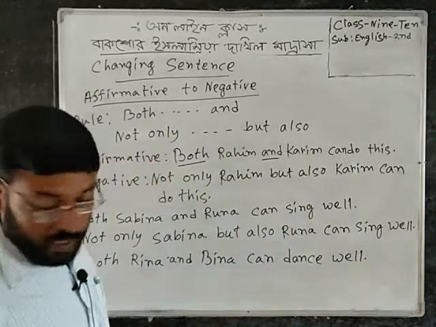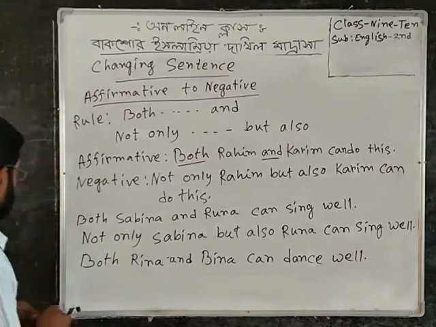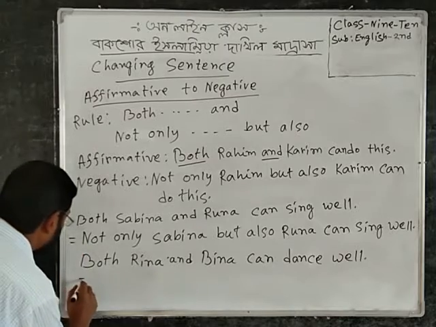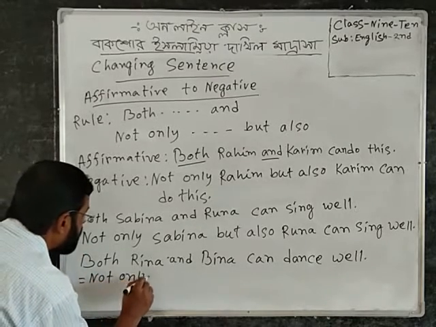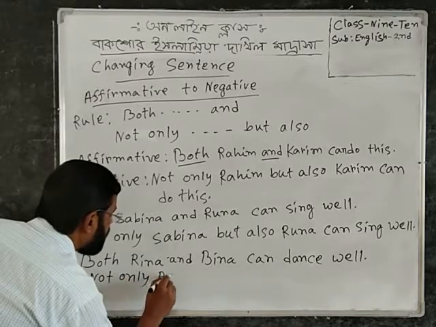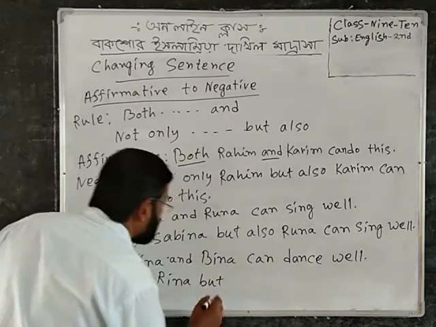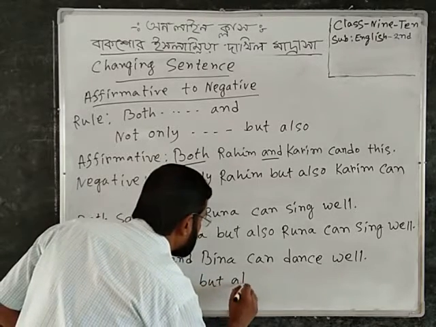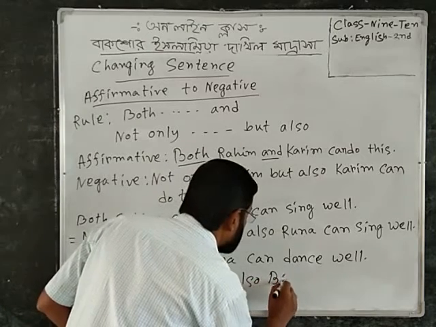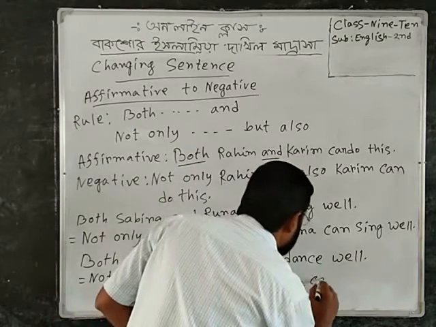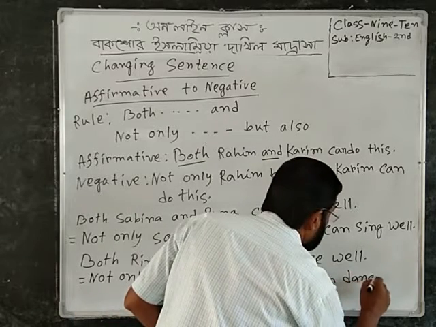It's an affirmative sentence, and in negative we can write not only Rina but also Bina can dance well.